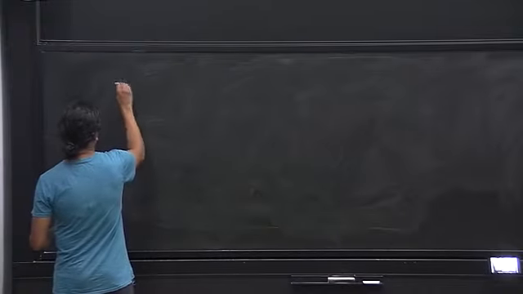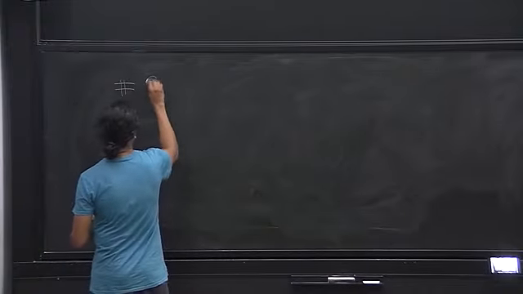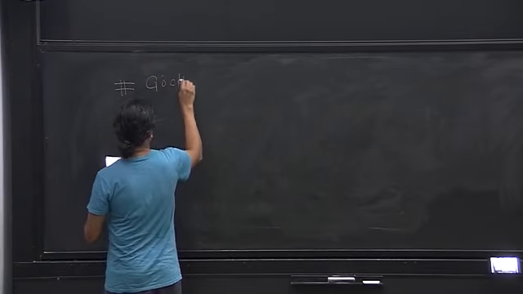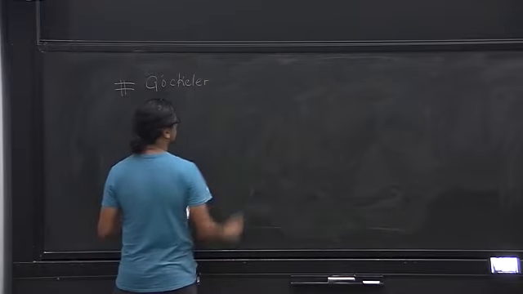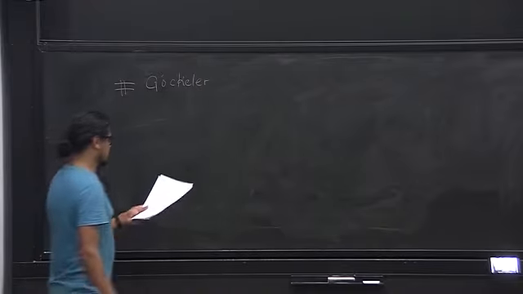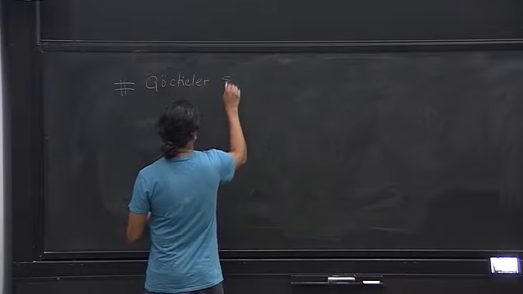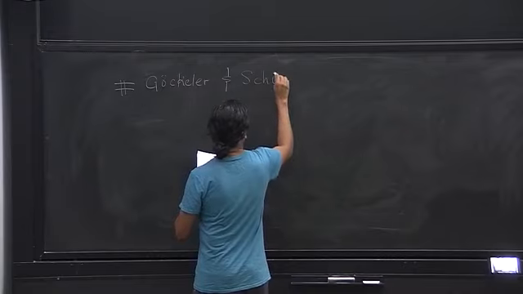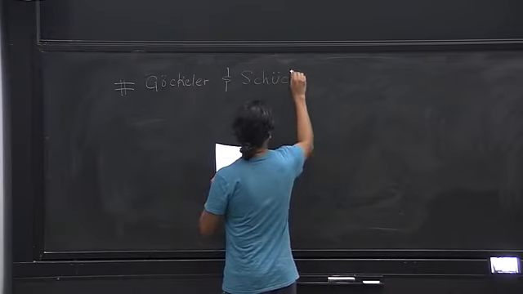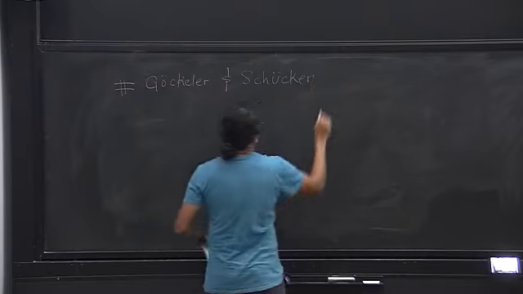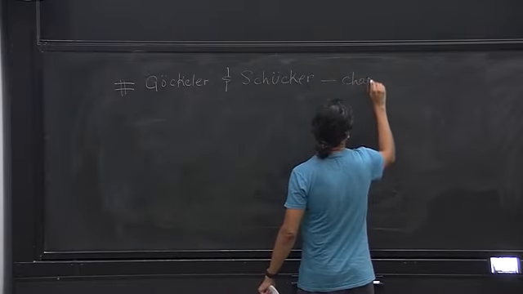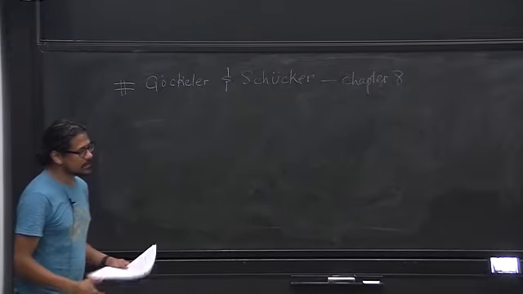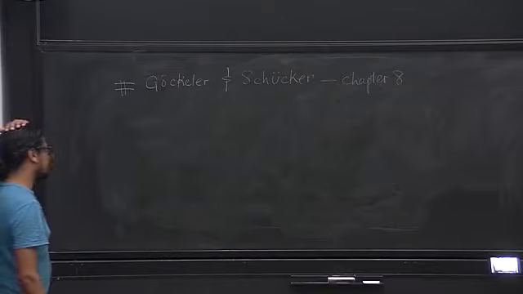There's a very nice book on differential geometry and stuff like that by, I don't know how to pronounce this, Göckler. So chapter 8, I recommend that you look at that.